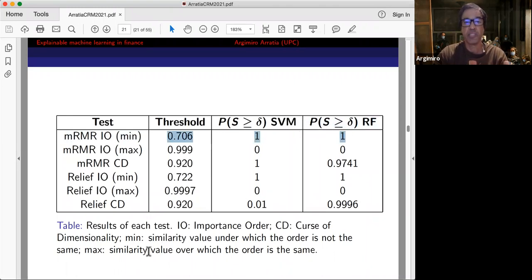For the threshold above which the order is not the same, no model has passed it, because the threshold is set too high, so it will be impossible to pass this test with this threshold.